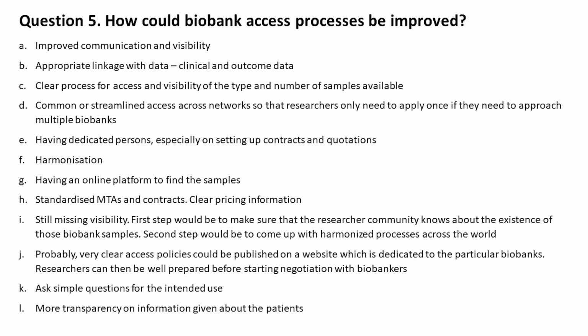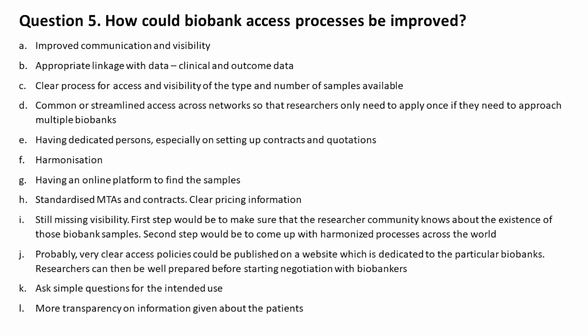The next question was, how could biobank access processes be improved? There are 12 answers. I'll just go through them. First one: improved communication and visibility. Second: appropriate linkage with data, clinical and outcome data. Third: clear process for access and visibility of the type and number of samples available.